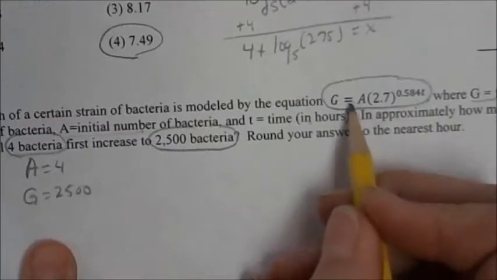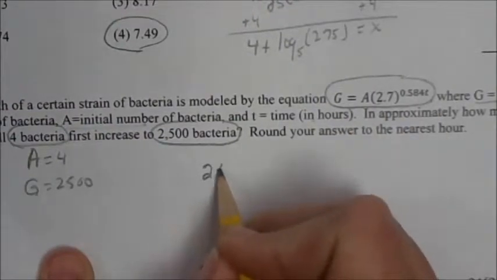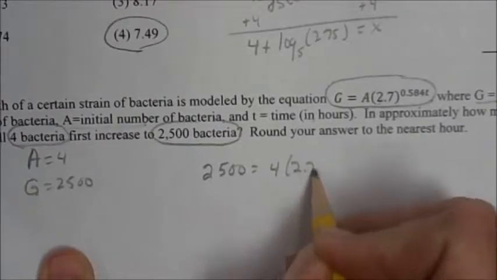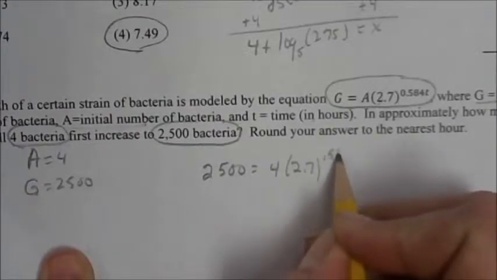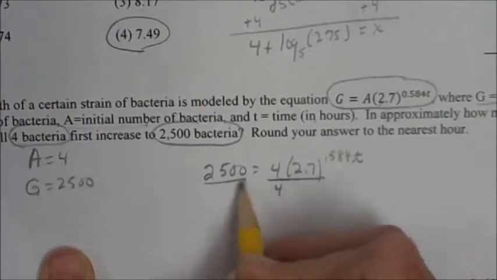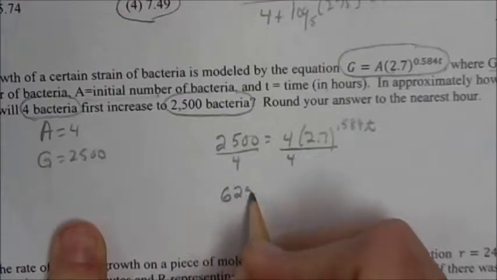So you're going to just plug those two numbers into this equation and solve for T. 2,500 is equal to 4 times 2.7 to the 0.584 T. Divide both sides by 4. 2,500 divided by 4 is 625.